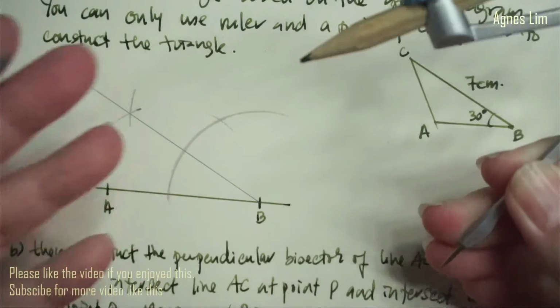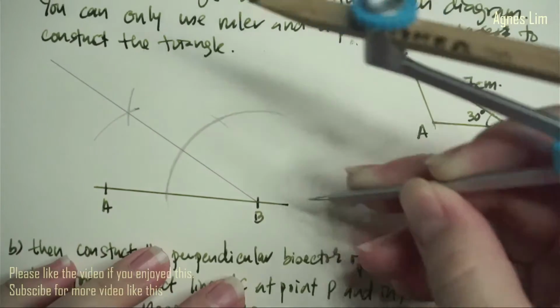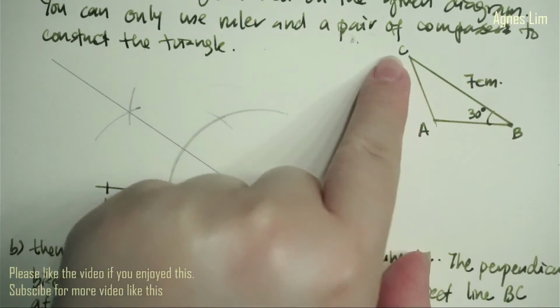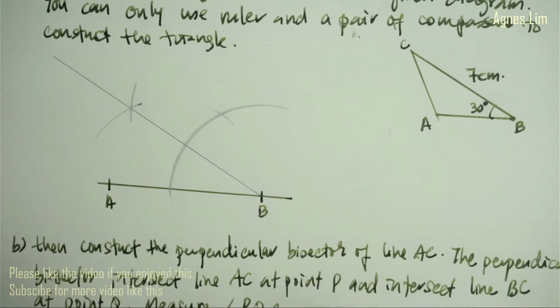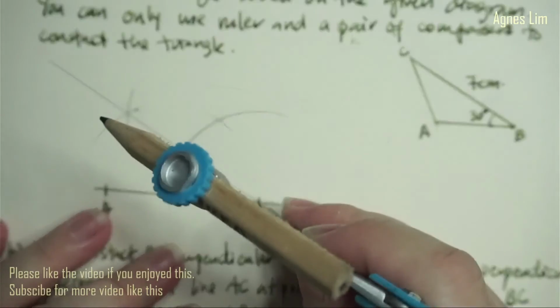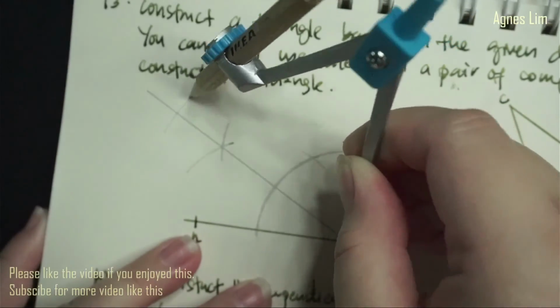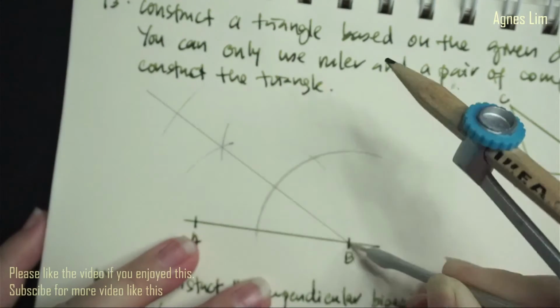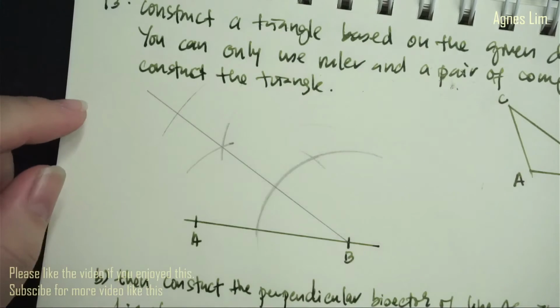Right, so when you are sure that you have the 7 centimeter opening here, you see the 7 centimeter is at the line BC, but we don't have the C, so we're going to start at the point B and then do your marking. So this marking will be the 7 centimeter marking.